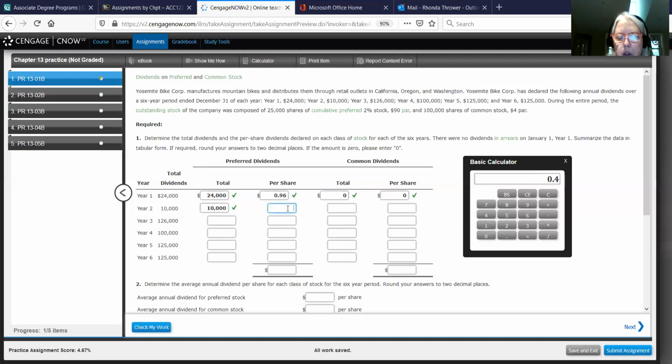And that will give you a dividend rate of 40 cents per share for our preferred stockholders.